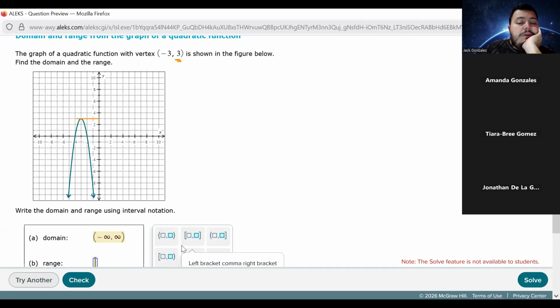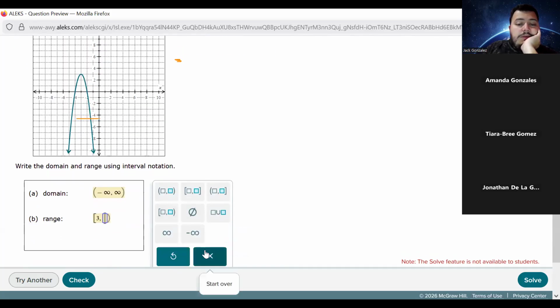We're going to put bracket 3, and then it keeps going down forever. Although the smallest or most negative always goes first, so that's wrong. So negative infinity up until 3, and then it goes back down again.